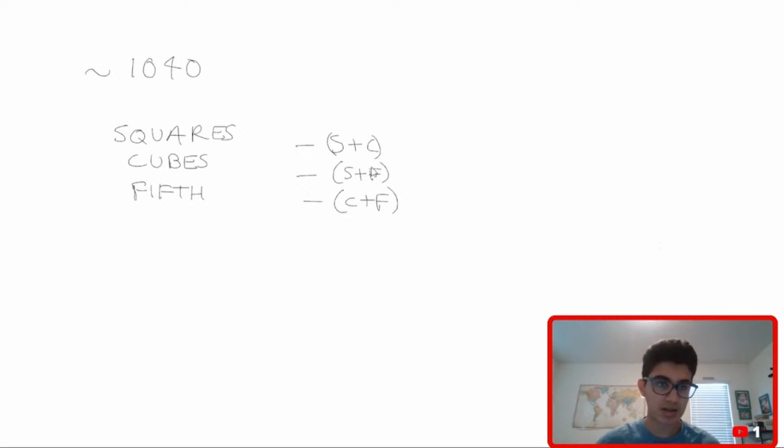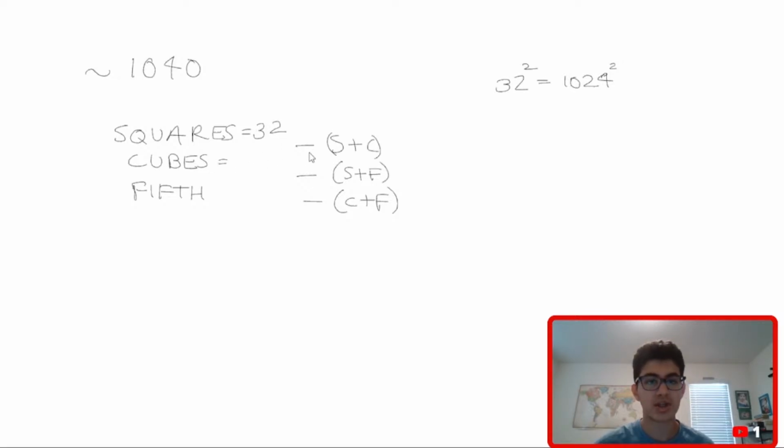How many are there that are squares now, until 1040? The number of squares here is going to be, so 32 squared is 1024, and 33 squared will obviously be quite a bit more than that. So that means that the number of squares is 32.